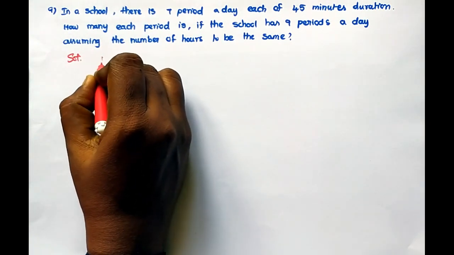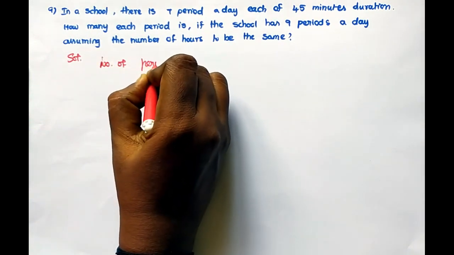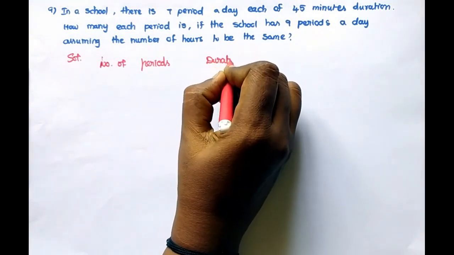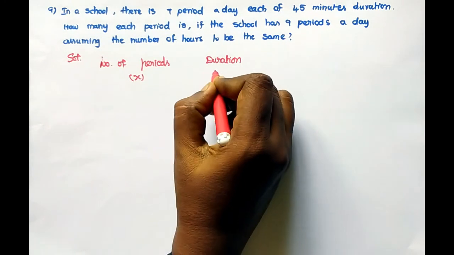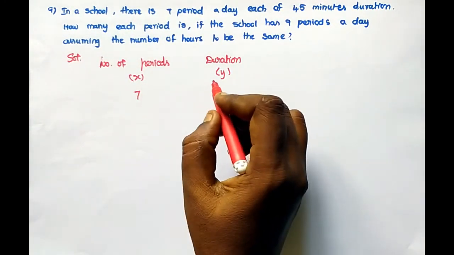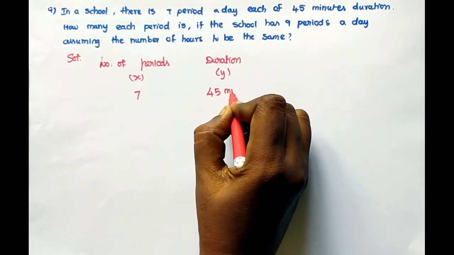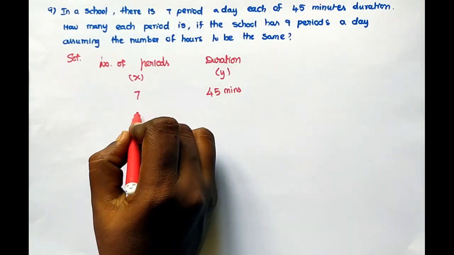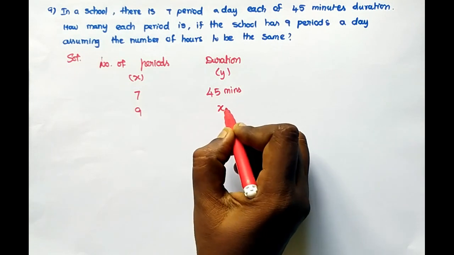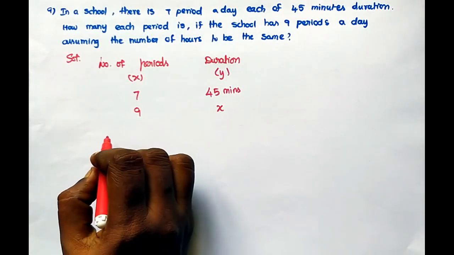First, number of periods, and here duration, that is x, here y. 7 periods, the duration of each period is 45 minutes. Then 9 periods means how much time it will take.